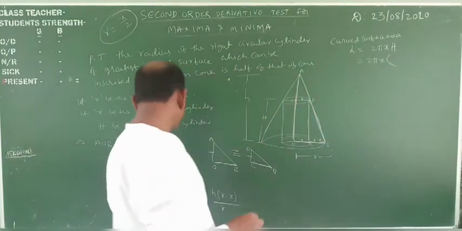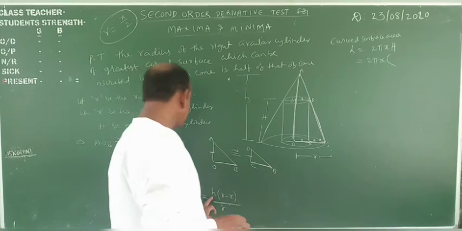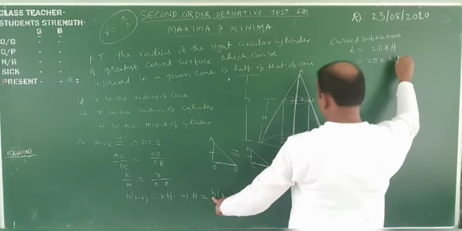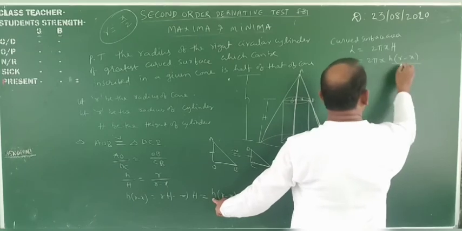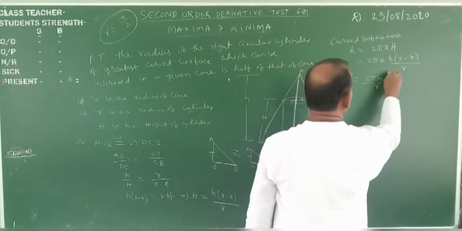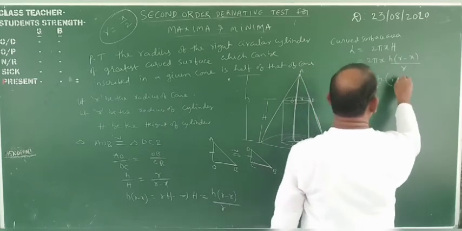What is h? h means H into R minus X by R. So L is equal to 2 pi H by R multiplied by (Rx minus x square).